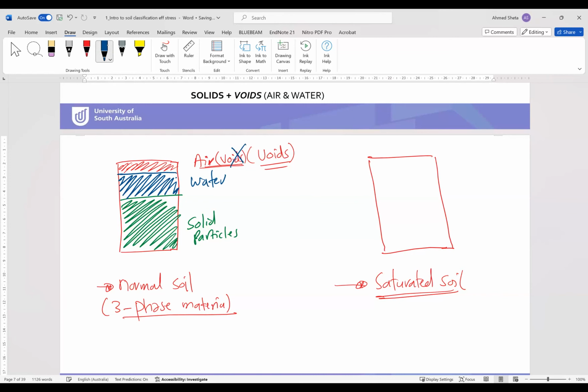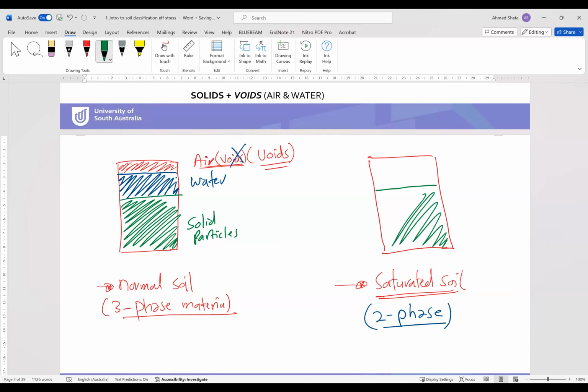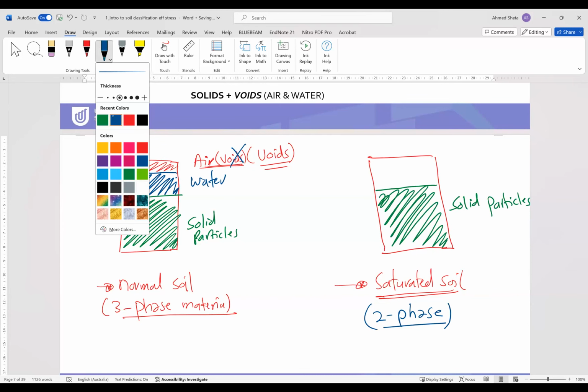So what are the phases of this material? Right, thank you, Ren. This will be a two-phase material, and the phases will be solid particles again, and the other phase is the water.